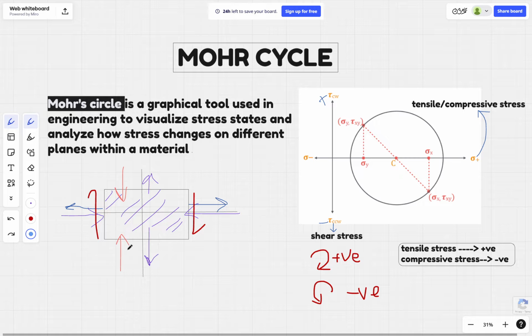It's like in this plane and in this plane, it will be seen as clockwise, and this will determine whether it is clockwise or anti-clockwise. So as this is moving this way, it is clockwise.